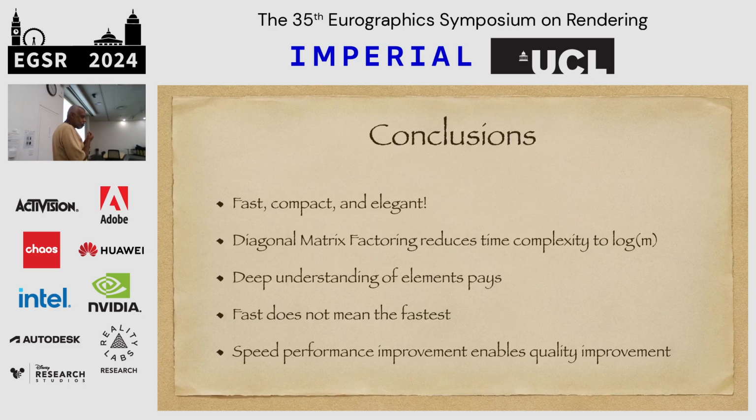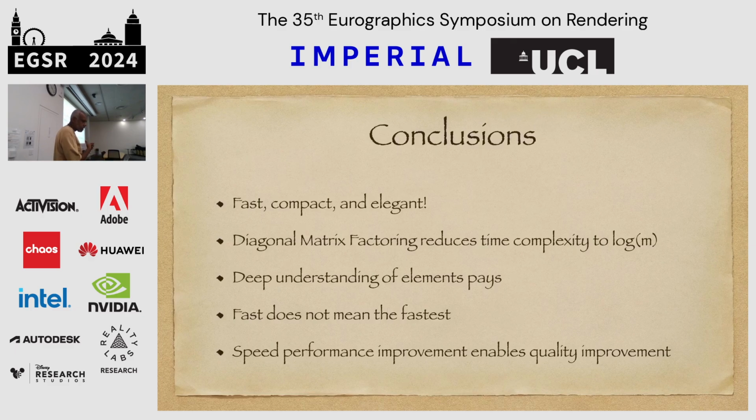We learned that diagonal matrix factoring, more generally, reduces the complexity to log m, and then it pays. All the costs that we had to pay is a deep understanding of the matrices. So learning about the actual elements used in your code pays.